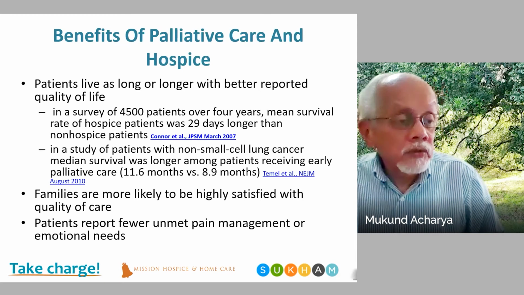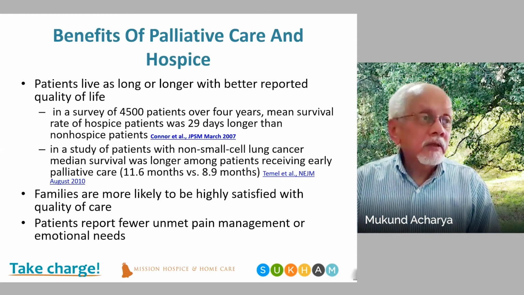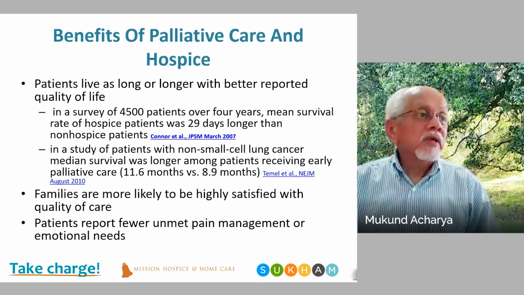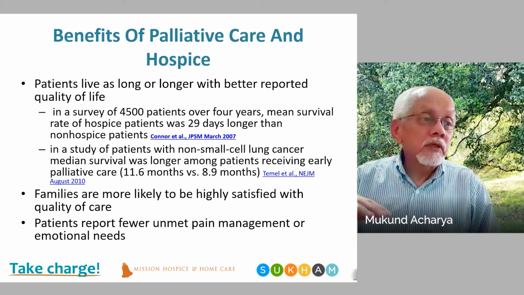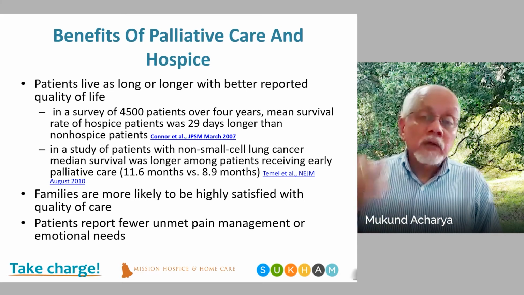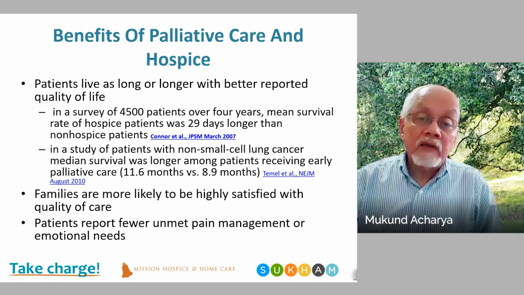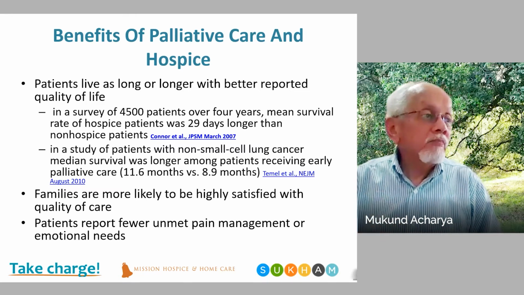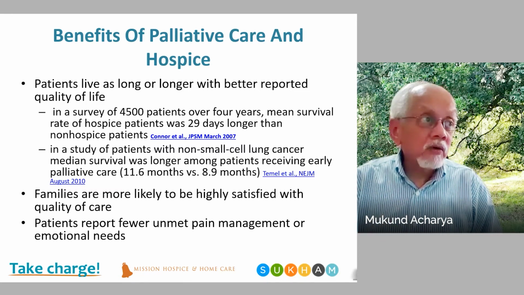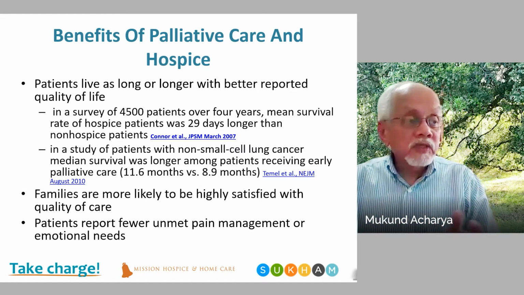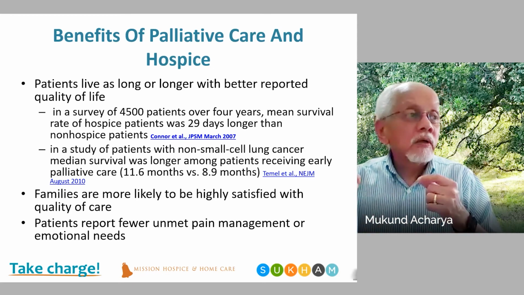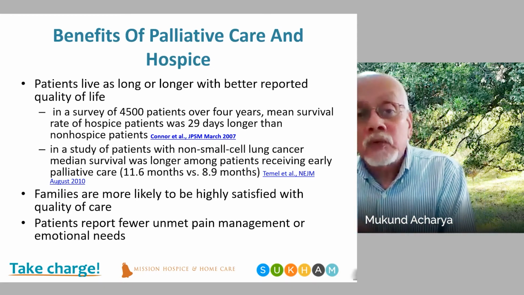I'm not going to go through these next 3 charts in much detail, but you'll have this to look at later on. The message here is primarily what Neeluji was conveying to you earlier. Now there are medical journal articles with validated data that show that when patients have palliative care or hospice care, in long-term and short-term studies, patients live as long or longer with better reported quality of life.